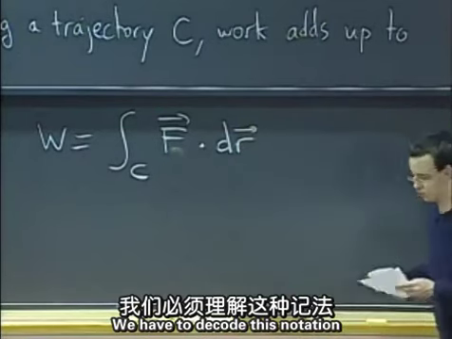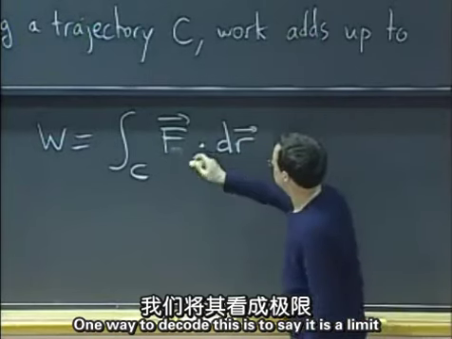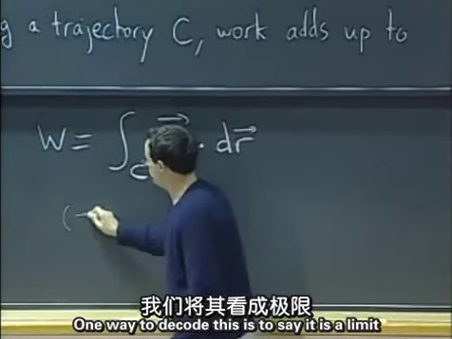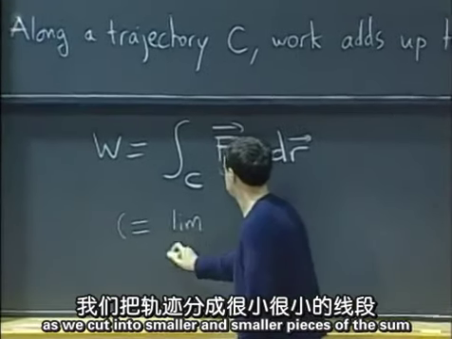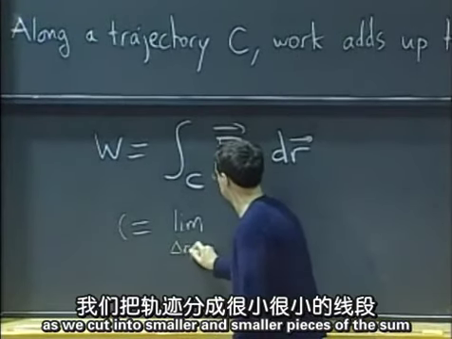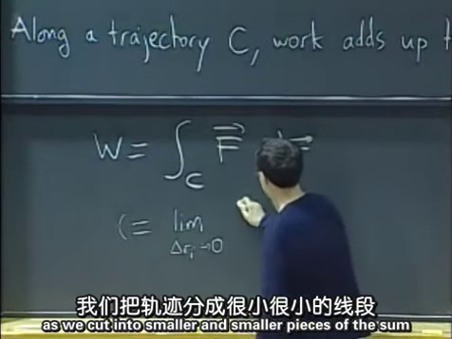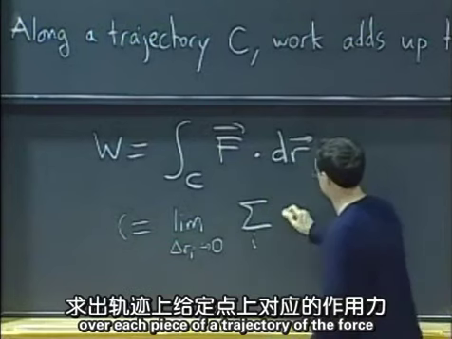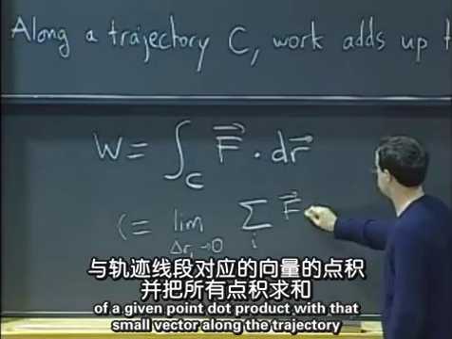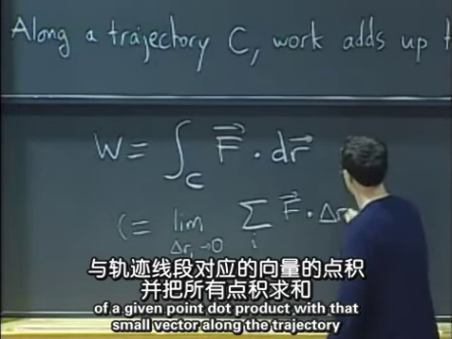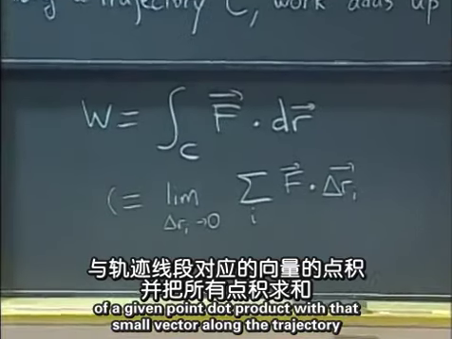Okay, so we have to decode this notation. One way to decode this is to say it's a limit as we cut into smaller and smaller pieces of the sum over each piece of the trajectory of the force at the given point dot product with that small vector along the trajectory.